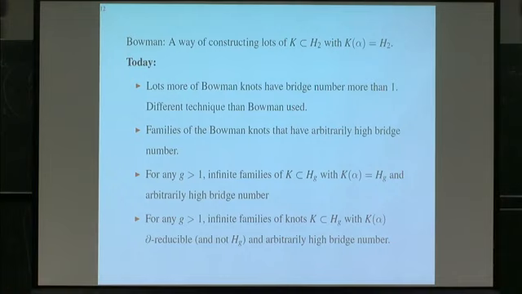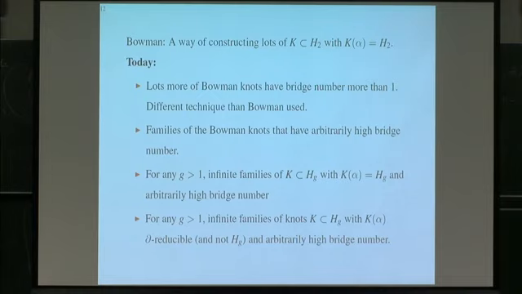So at least on the face of it, this kind of scheme for trying to classify such surgeries might not be fruitful. So I want to show that some of these families of Bowman's knots in genus 2 handlebodies have arbitrarily high bridge number.